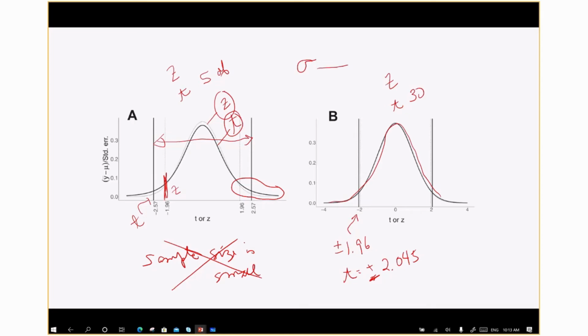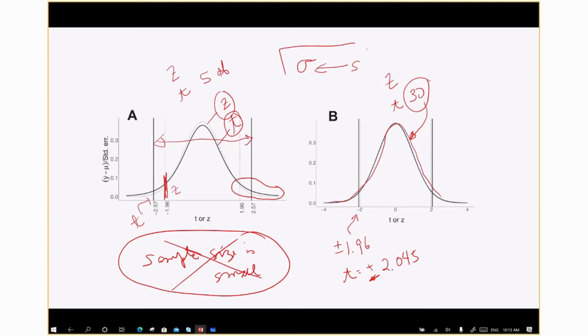And so you're going to estimate it with S, and that brings in additional variability, which requires you to use a t-distribution. So why do folks say this? The reason folks say that is because once the degrees of freedom gets large, there really isn't much difference between a t-distribution and a z-distribution. But in terms of why it's used, it's because you're using S to estimate sigma.